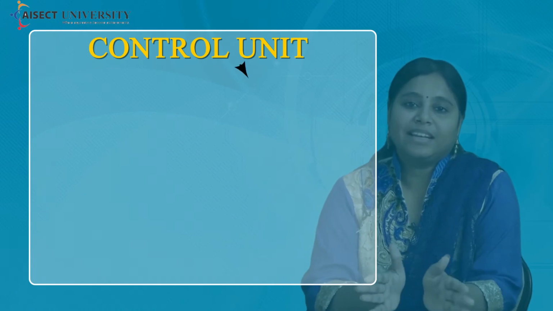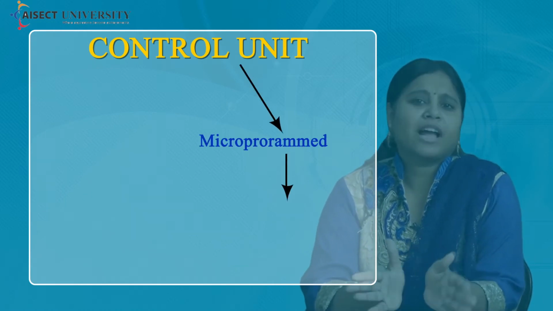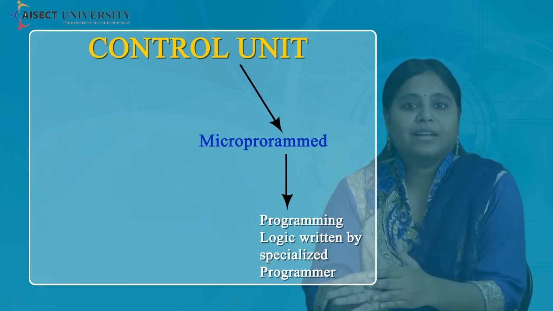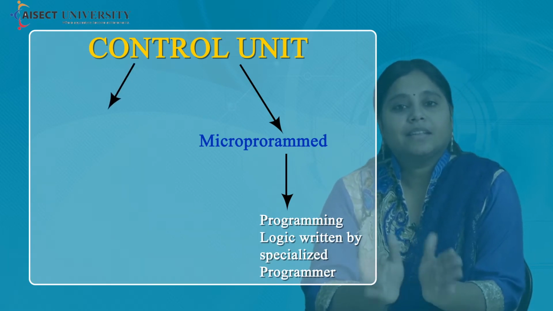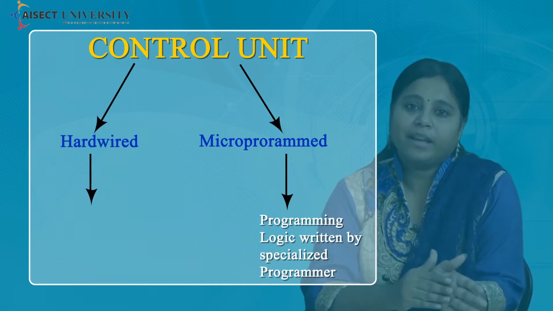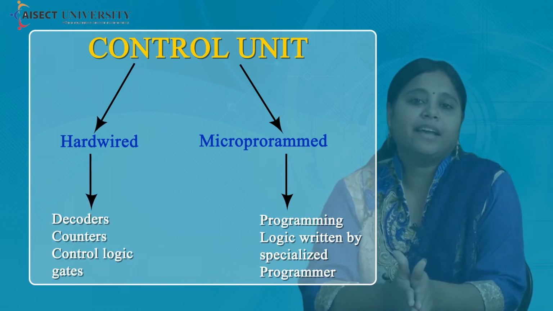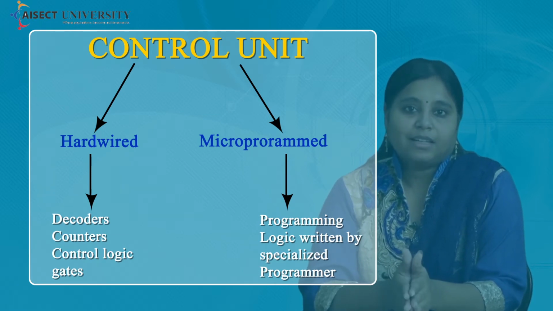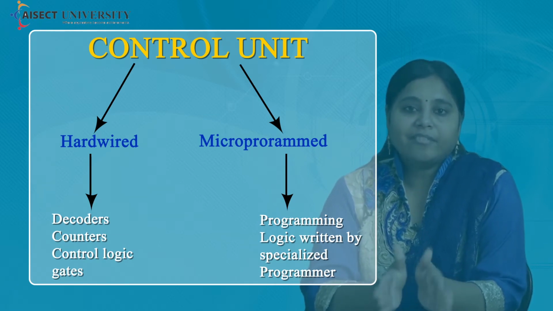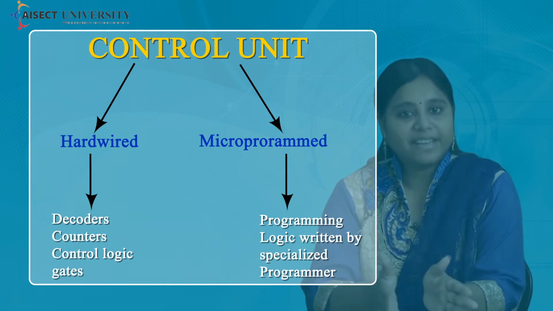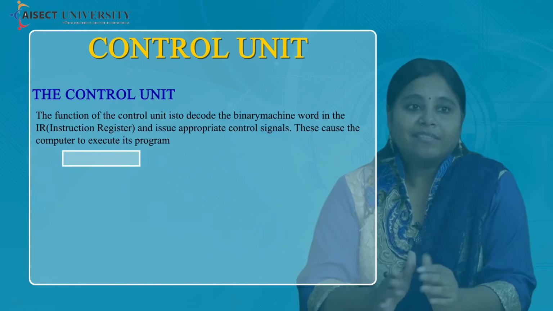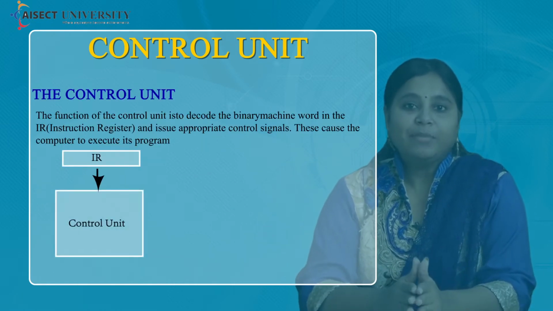Let me show you. The control unit is basically divided into the microprogrammed control unit, which is controlled by programming, and the hardwired control unit, which is controlled by logic gates and hardware. Now we are talking about the hardwired control unit and how the instruction will be executed.